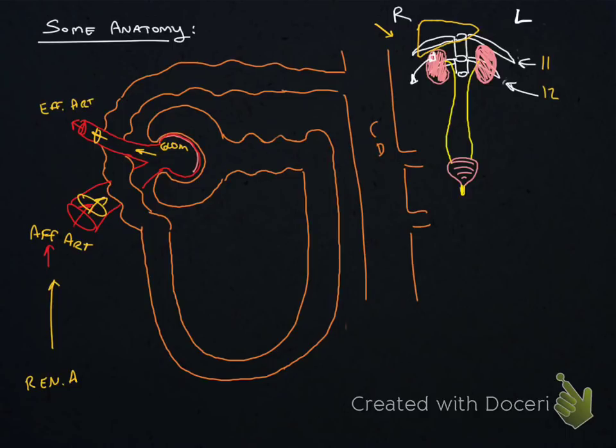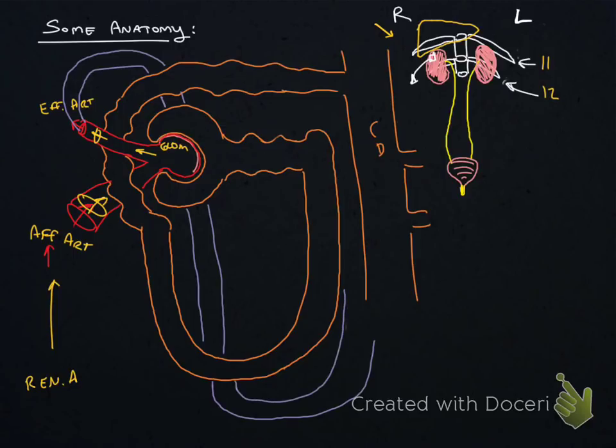If we continue this on, if I draw this right, we would also have extended capillaries called the peritubular capillaries that come in through here. And it's not just a loop like this, it's actually a network or a net that surrounds the nephron.